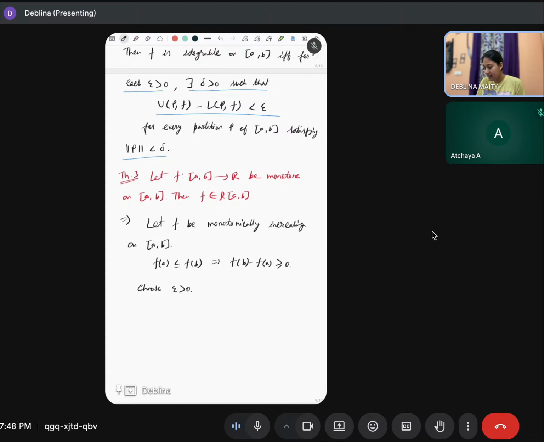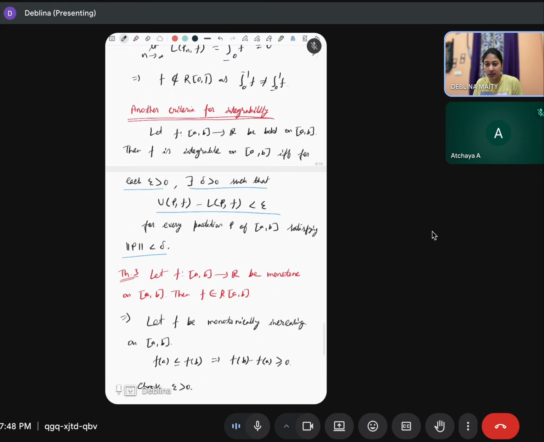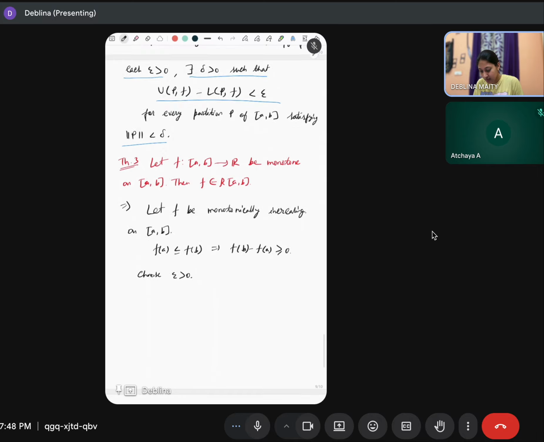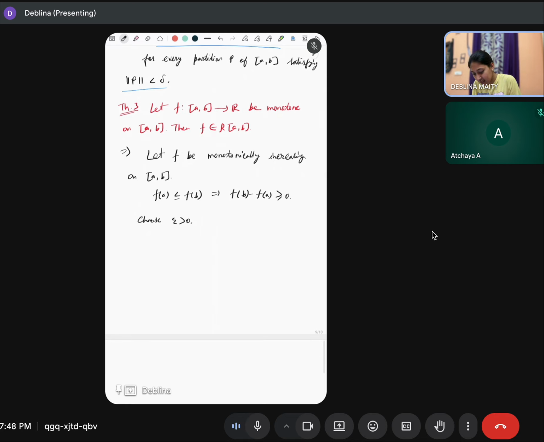Now we have to find a delta depending on this epsilon, for which this inequality holds. Let P be any partition of [a, b]. First choose delta. Epsilon is given.